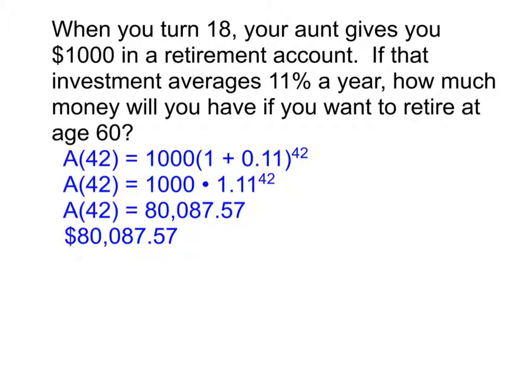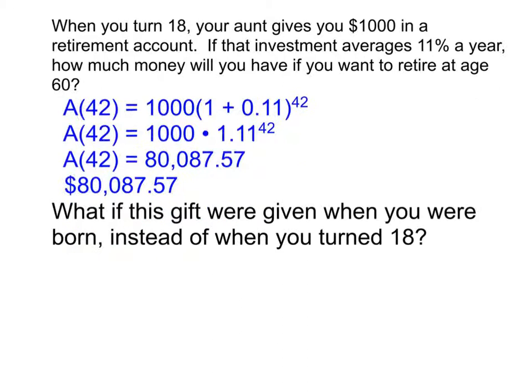So we're going to ask one more question based off of the same kind of scenario. In the first case, we had this very fortunate aunt. We should all be so lucky to have such family who gave us $1,000 to be invested. In this case, though, we're looking at what if this aunt gave us this gift when we were born instead of when we turned 18. Please figure out what that would give us.